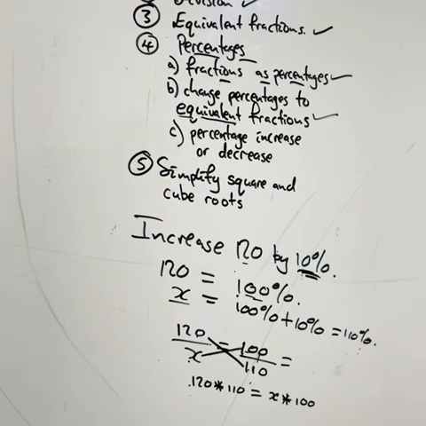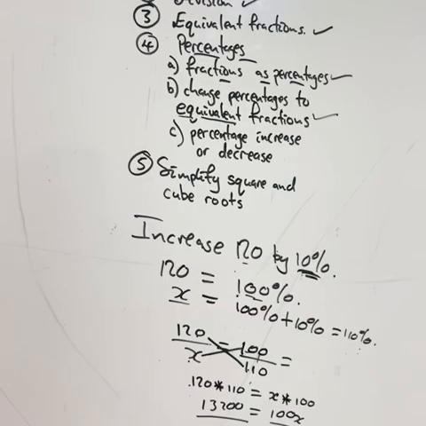What am I going to do? 100 by X is 100X. And using my calculator, 120 multiplied by 110 is 13,200. So I've got 13,200 here. Now I divide by 100 so that I can find X.